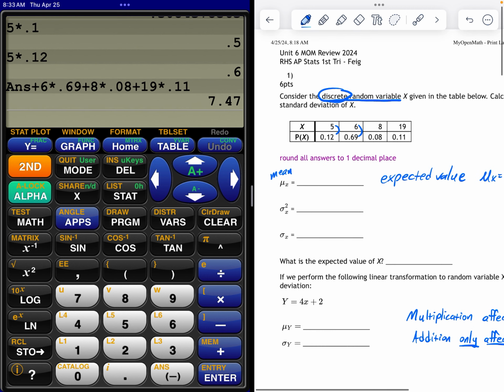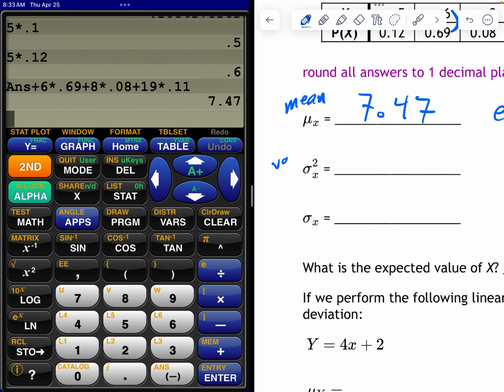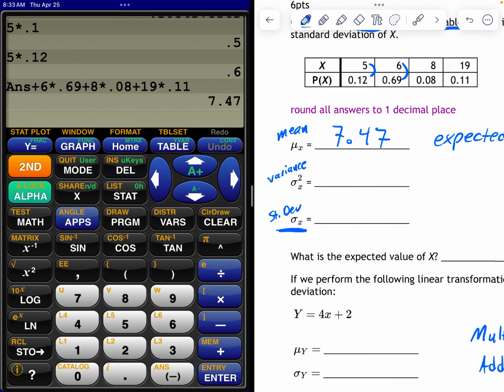So I'm getting an average of 7.47. Now this is the variance, and this is the standard deviation, right? Just remembering what those symbols are. So we're going to get the standard deviation first, and then we'll simply square it to get the variance.